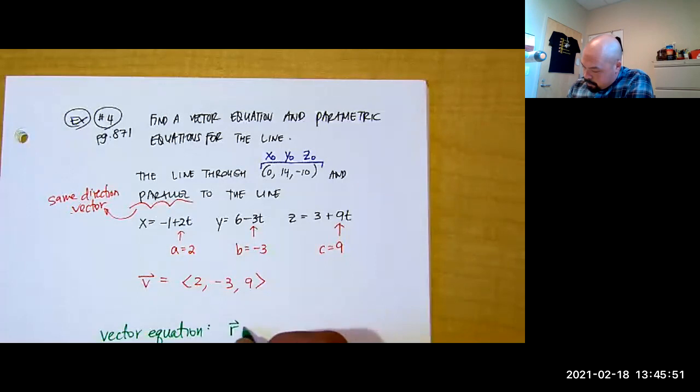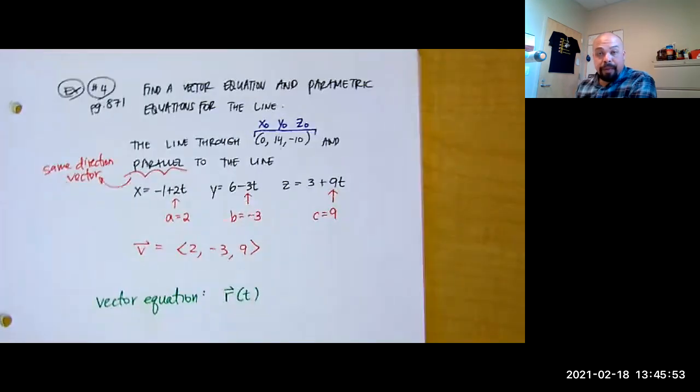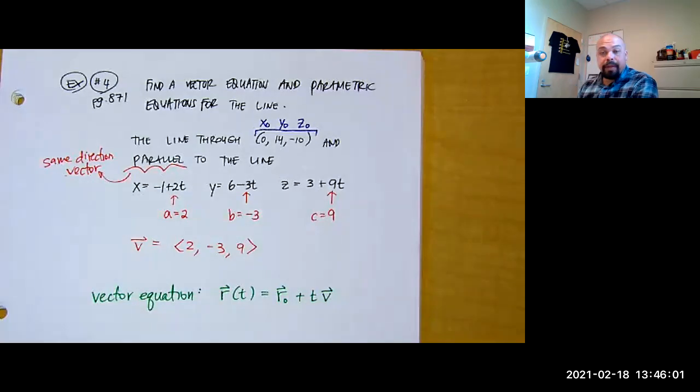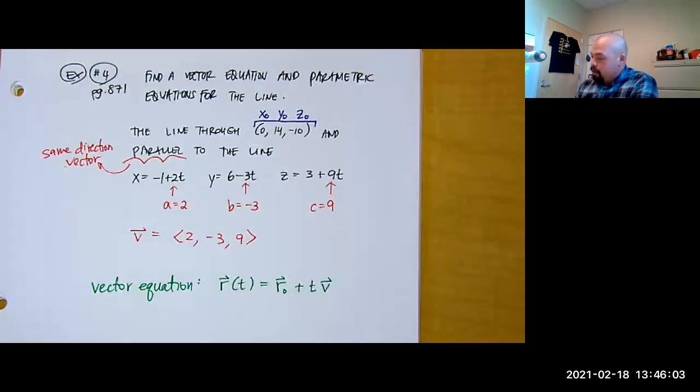Here we go. So for our vector equation, remember r of t as a vector, r naught plus t times v. So in this case, our r of t is going to be equal to r naught.